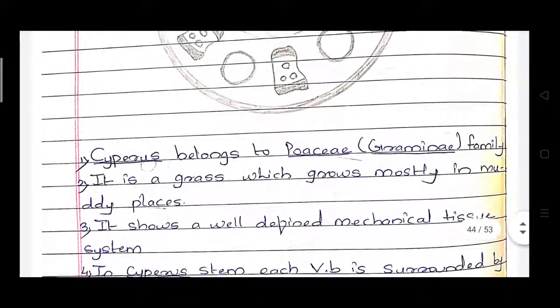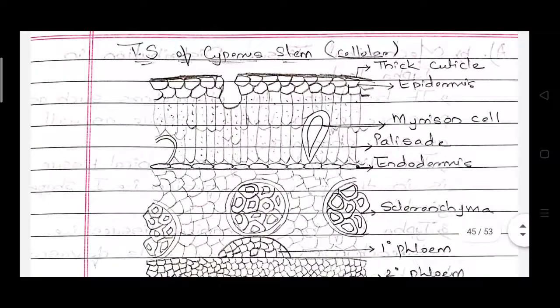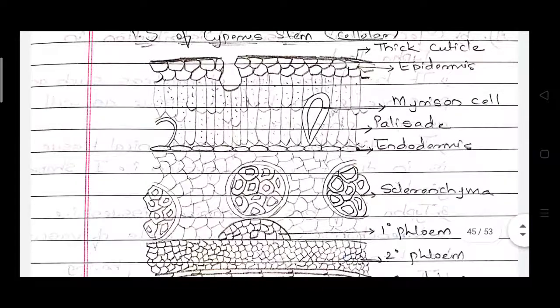You have seen in this figure the cellular presentation of the transverse section of the Cyperus stem. In that, the outer layer is the epidermis, and this epidermis is covered by a thick layer of cuticle.